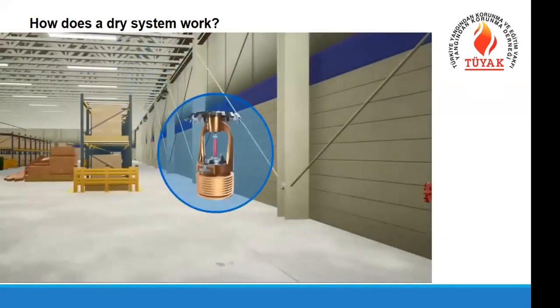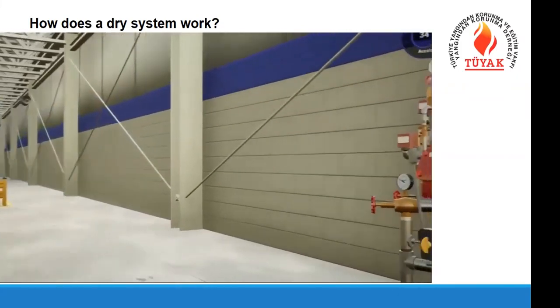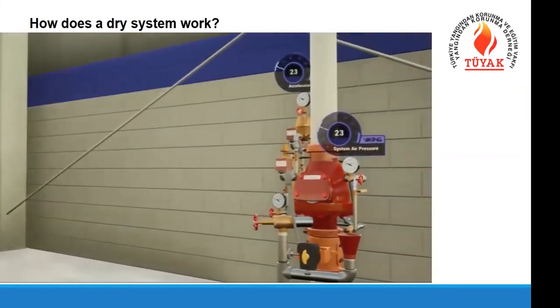So when the fire started, the sprinkler head is activated. After the activating, the air inside the pipes is being escaped from the pipe.